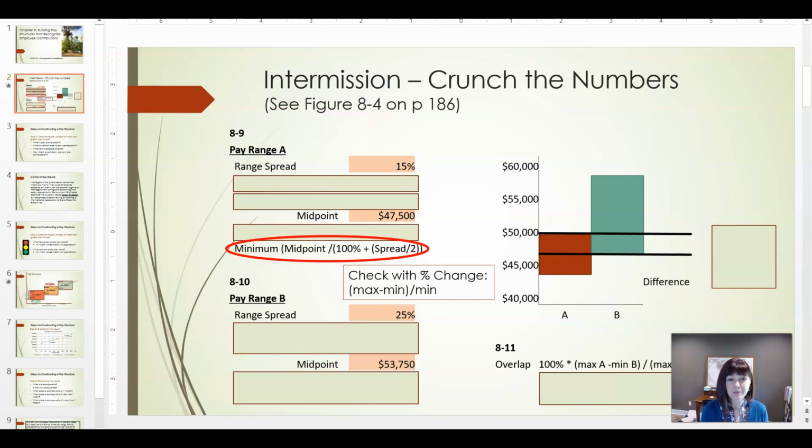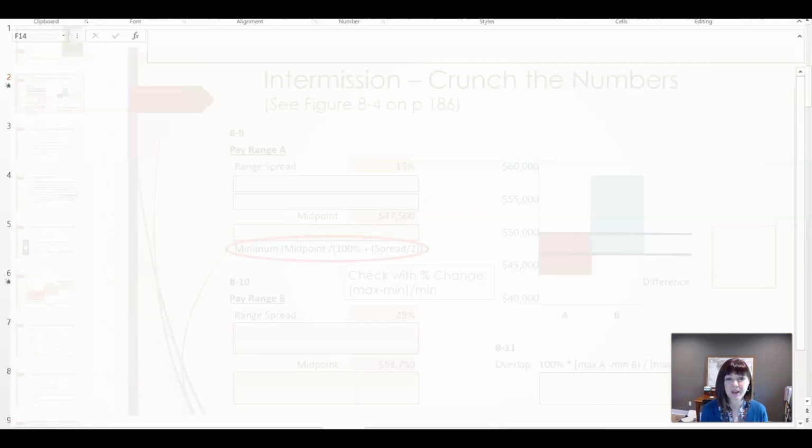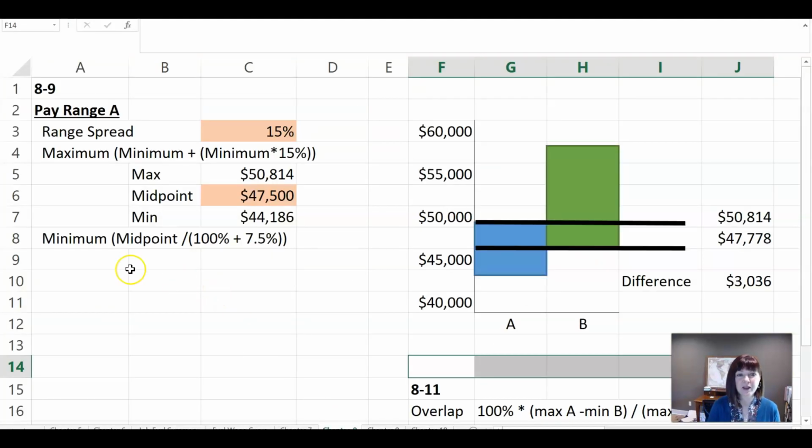It says the minimum equals the midpoint divided by 100% plus the spread divided by 2. So let's look at what that means here.